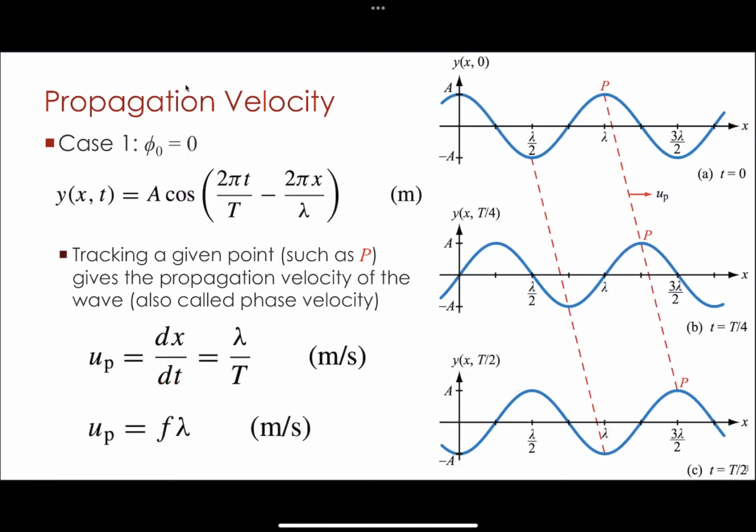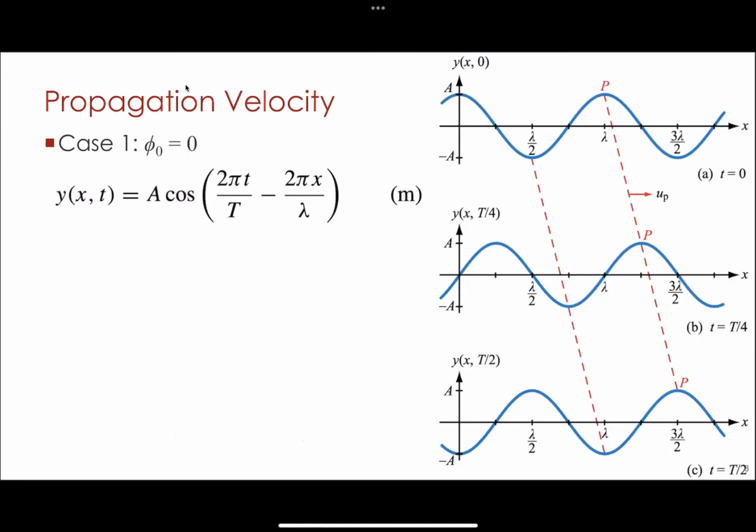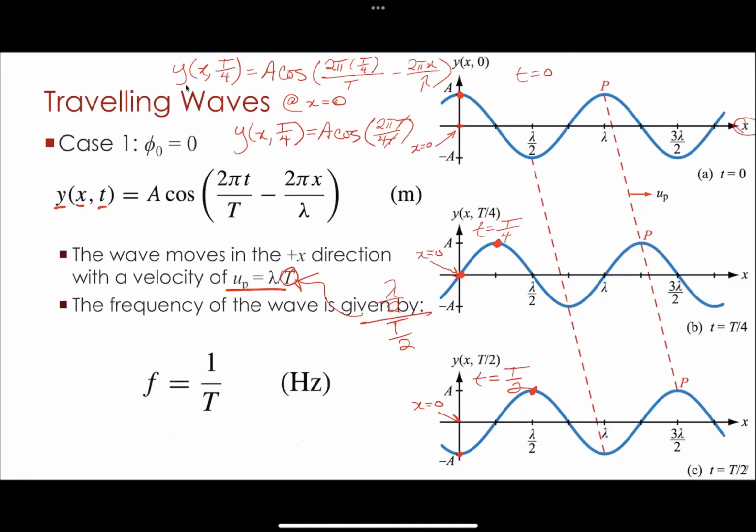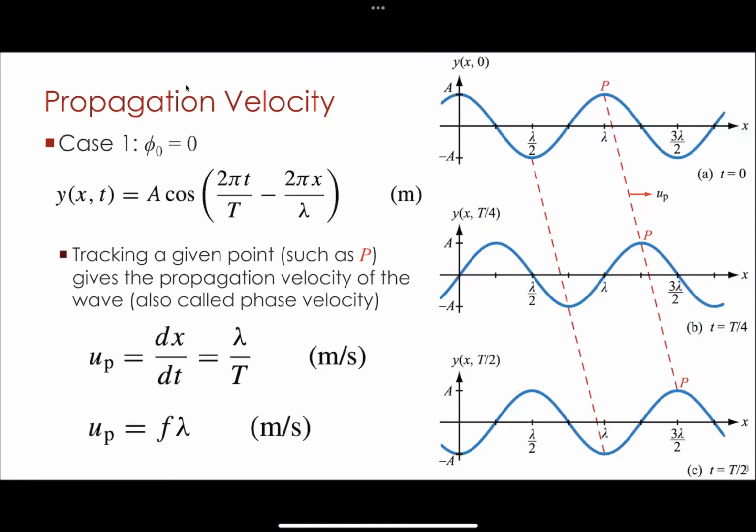We just did distance over time, okay? And as we saw back here, U P equals lambda over T, and F equals 1 over T. So we could just plug that in. It's got a 1 over T in it, right? So that just turns into U P equals F times lambda, which you might use to calculate it, or you might use that to calculate lambda.